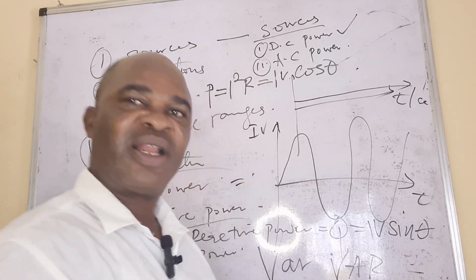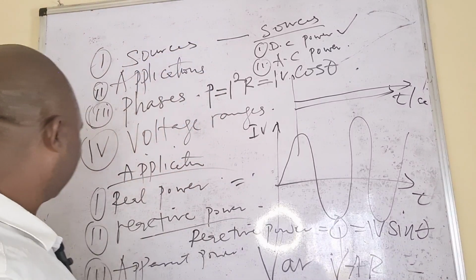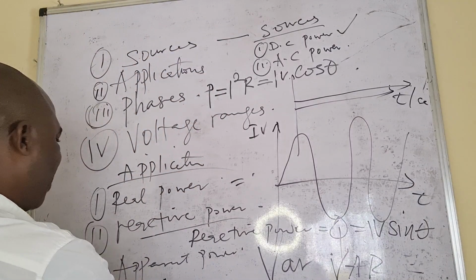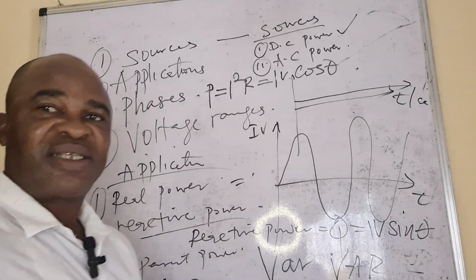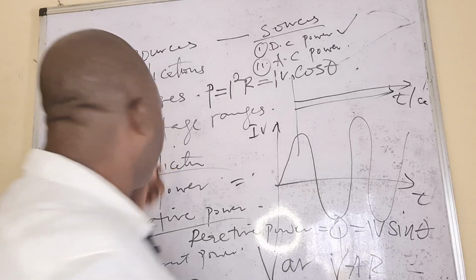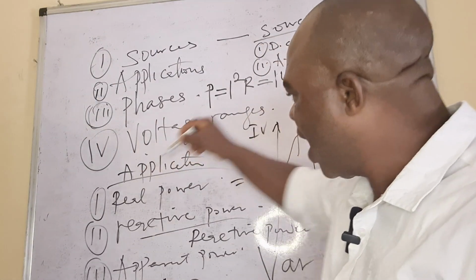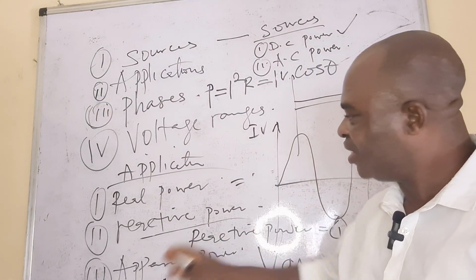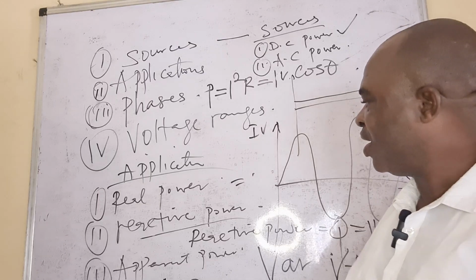The last we talk about now is our apparent power. Apparent power is a combination of this duo. This duo means the real power and reactive power define apparent power.